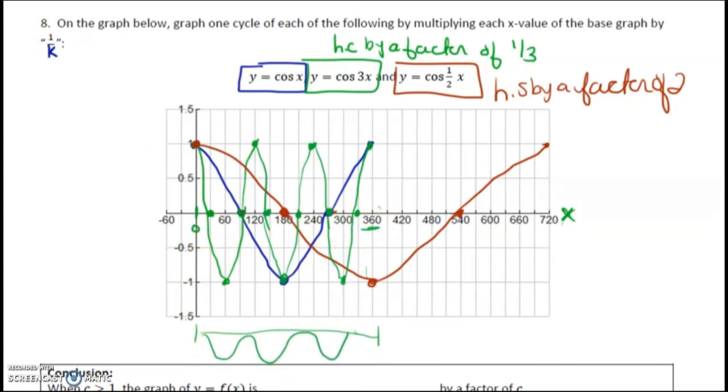Hence, when we're taking a look at the equation, it's compressed by 1/3. So again, in 360 degrees, where there would usually be 1 rotation of cos, there's now 3 rotations of cos.